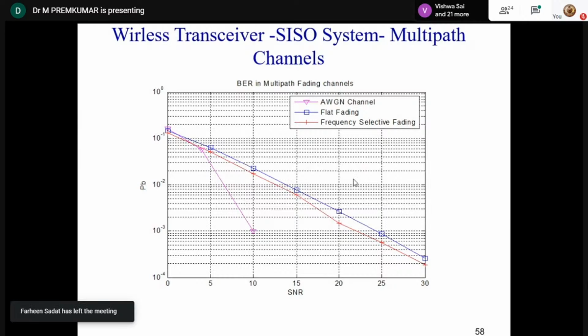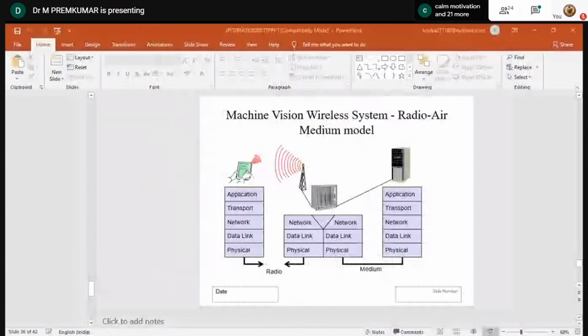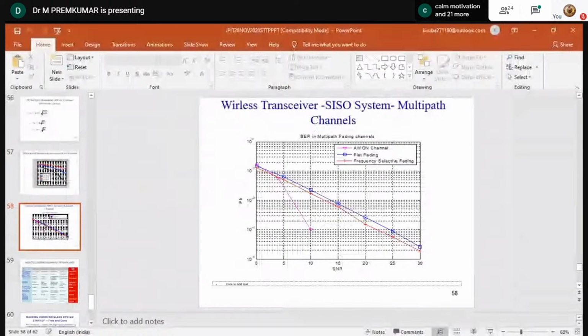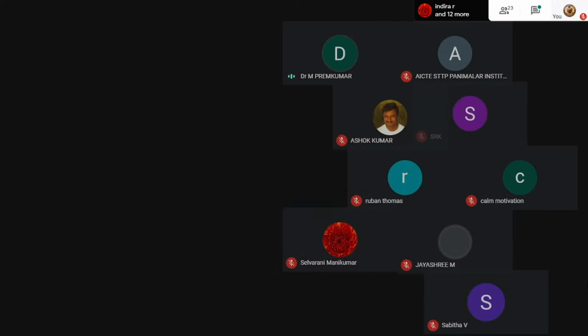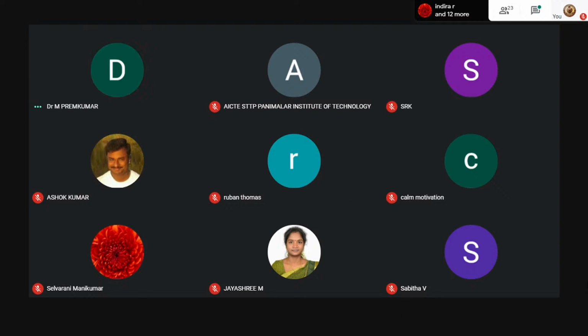So one second, I'll just stop my sharing and try to share my other program. One second. No, stay connected. I'll explain the program for obtaining these graphs.